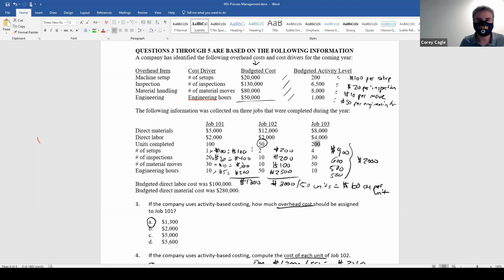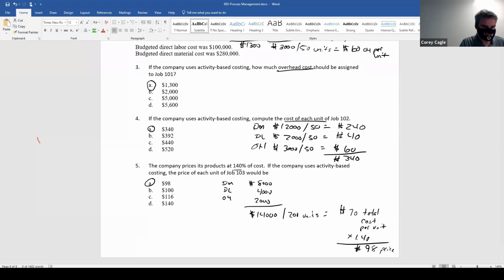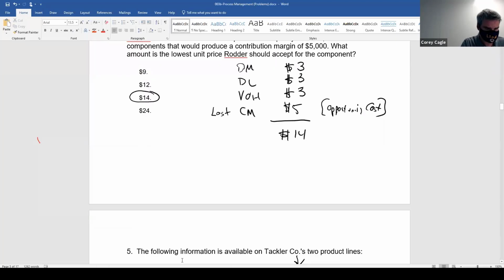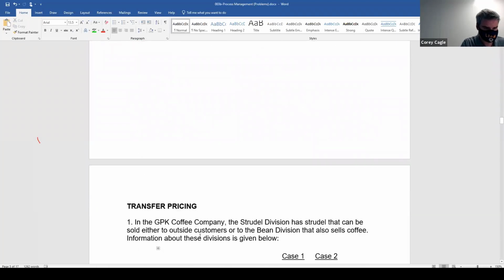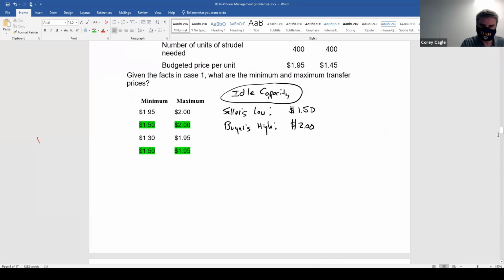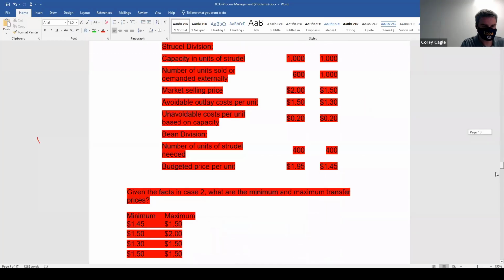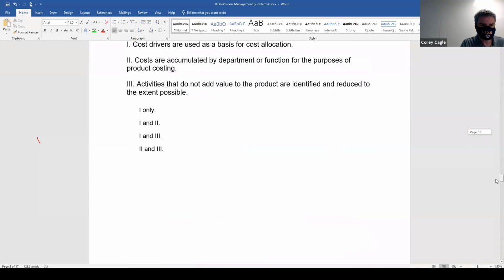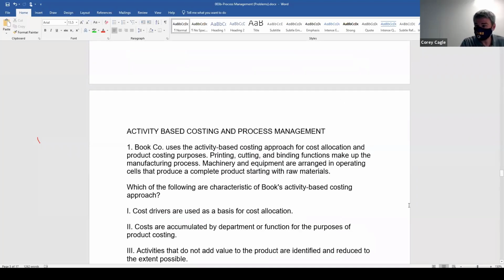Take the total in the pool by the total of whatever the driver is, get rates for each driver, apply based on what's actually used. It's really easy, actually. But they didn't make us do any calculations, really. They just gave us a bunch of conceptual stuff. And Becker, I think, evidently agrees that it's more conceptual and less calculation, but I don't know.